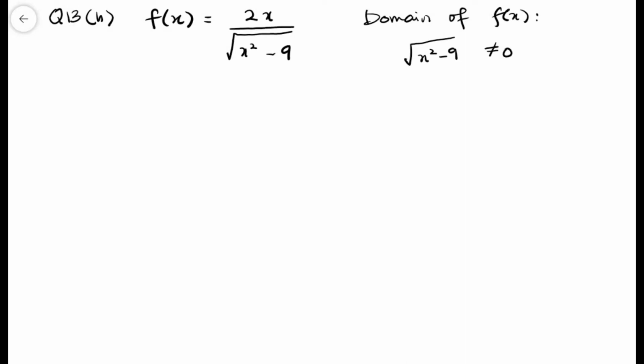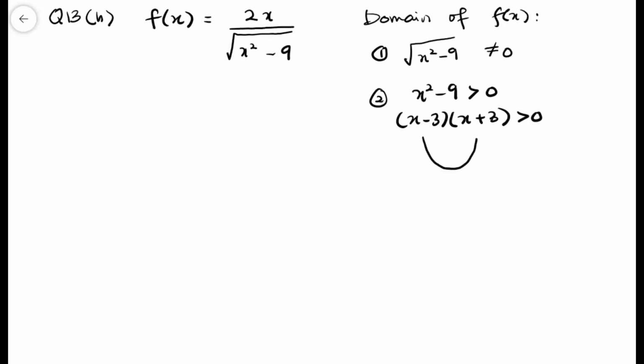So that is the first thing that you need to note. The second thing is anything inside the square root should always be greater than 0. So x squared minus 9 should be greater than 0. By simplifying this, you get (x minus 3)(x plus 3) greater than 0.